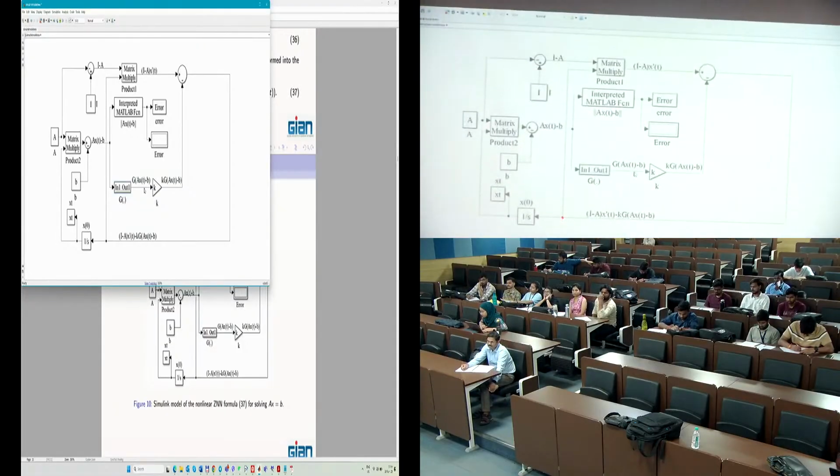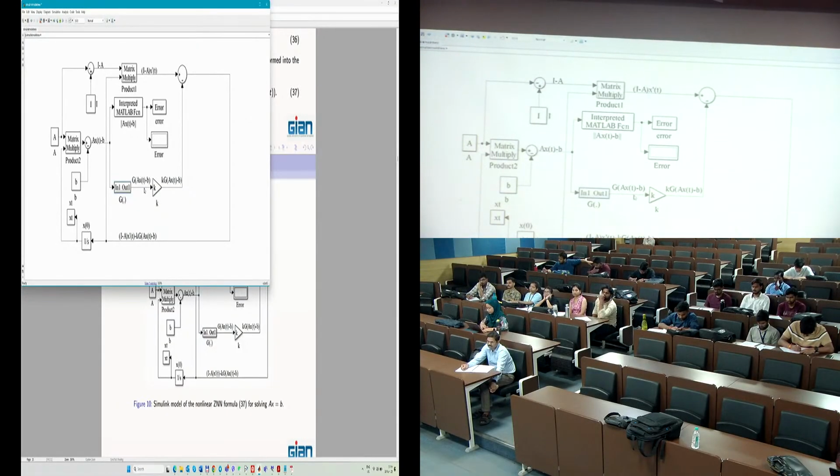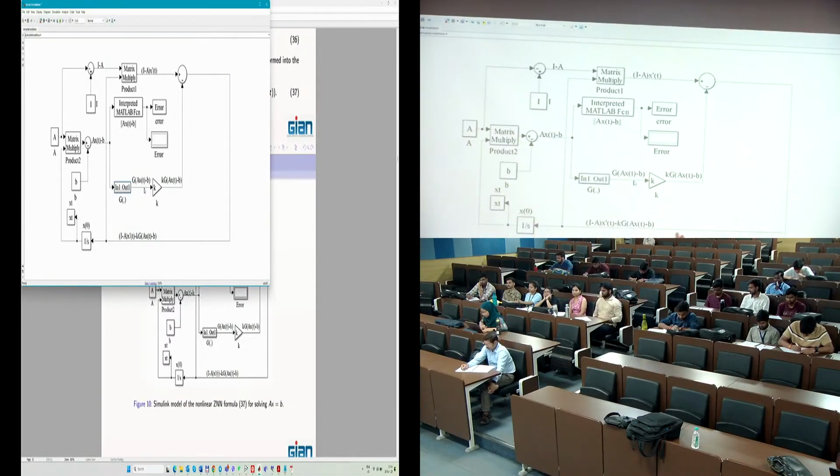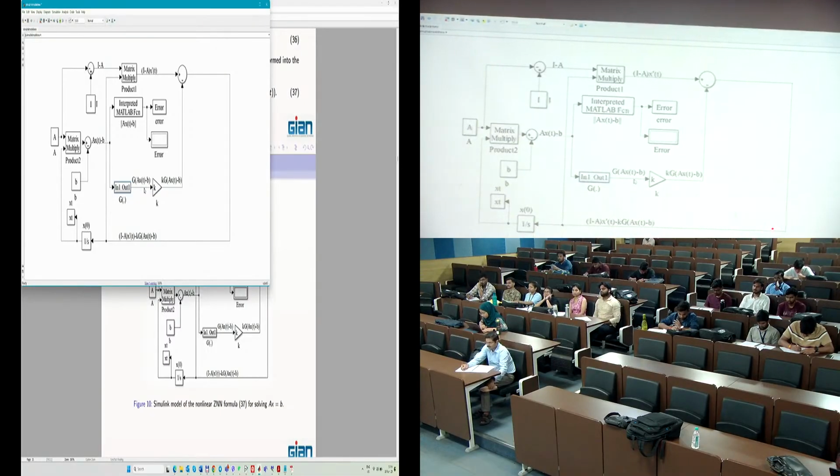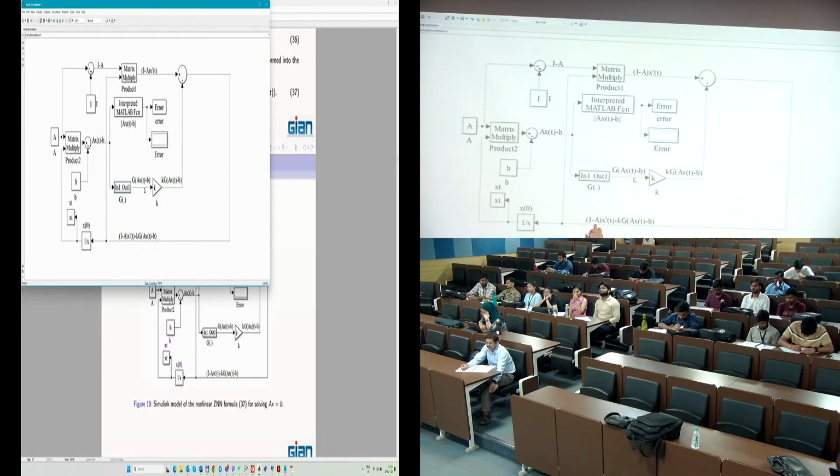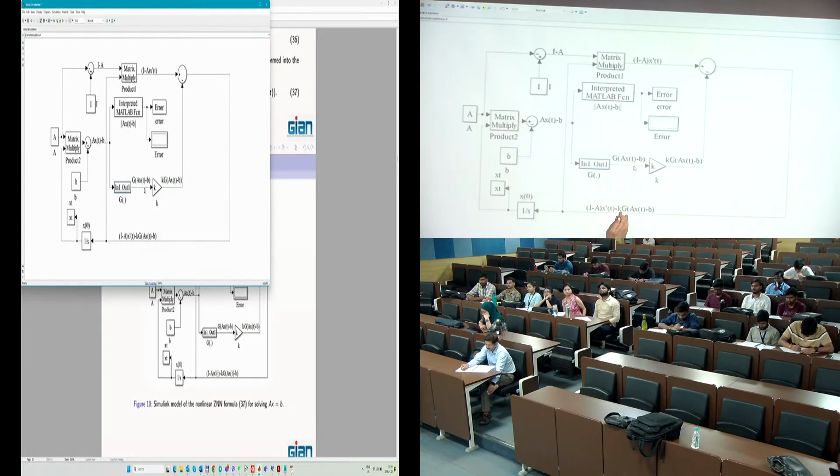X dot is obtained here. This connection is X dot. It is A minus I X dot minus gamma F, calligraphic F, AX minus B. And this expression represents X dot.